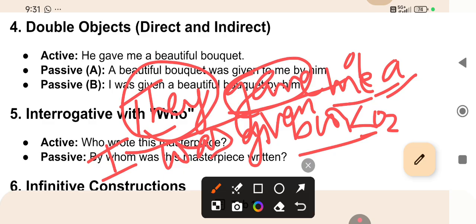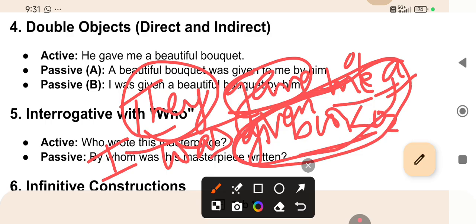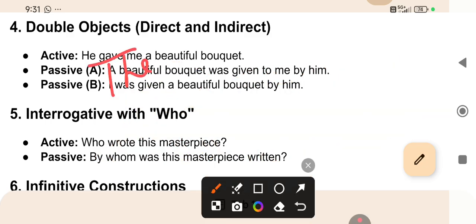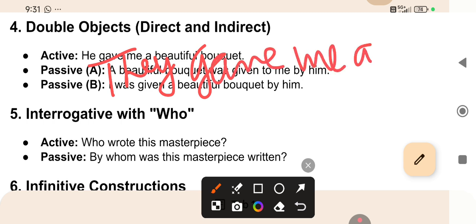In the second case, you can pick up this a book, right? The sentence was they gave me a book. So a book is given by them. We have done I was given a book by them. This is done.